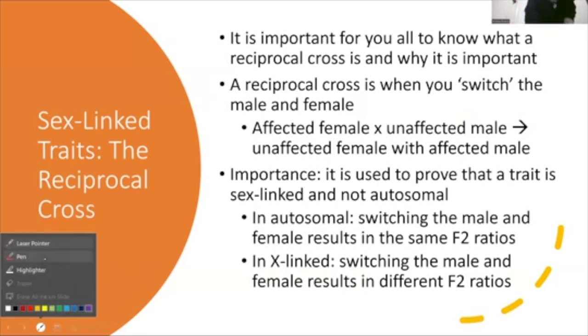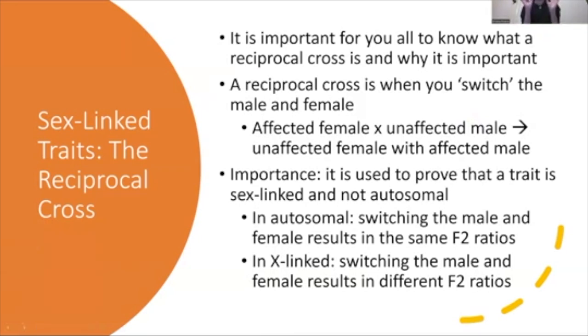So whenever you have an autosomal trait, switching the male and female results in the same exact F2 ratios. So imagine if you have in your parental generation, big A, and little a, little a. If I were to switch these, you end up with the same exact results. There's no differences.